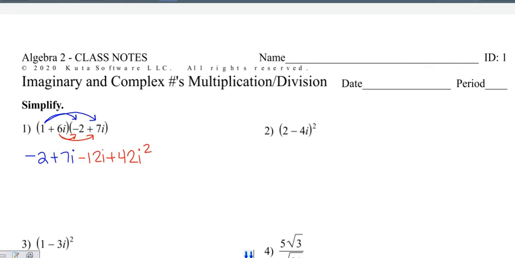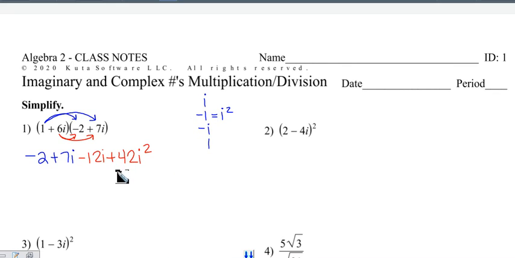Yesterday, I taught you that there are 4 values of i. Let me write them down again. i, negative 1, negative i, 1. The main value that we're going to use today is i squared. We learned that i squared is equal to negative 1. So anytime we have an i raised to a power larger than 1, we do need to replace it with its value.